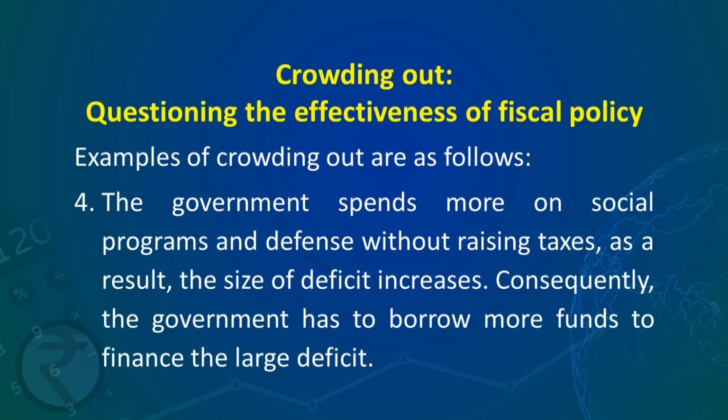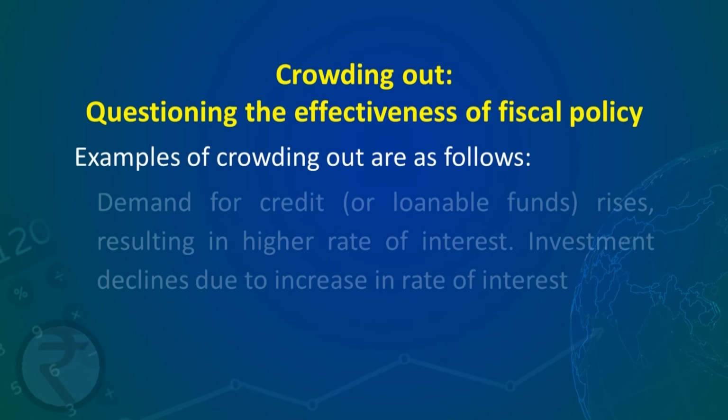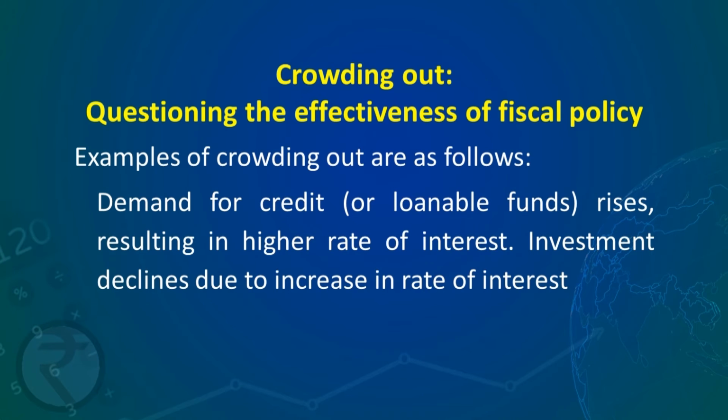4, the government spends more on social programs and defense without raising taxes. As a result, the size of deficit increases. Consequently, the government has to borrow more funds to finance the larger deficit. Demand for credit or loanable funds rises, resulting in higher rate of interest.